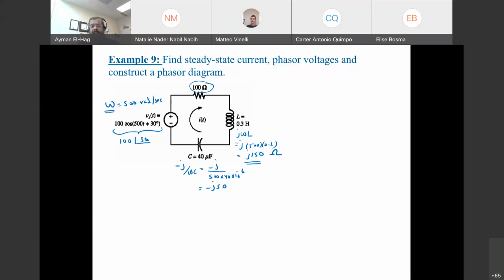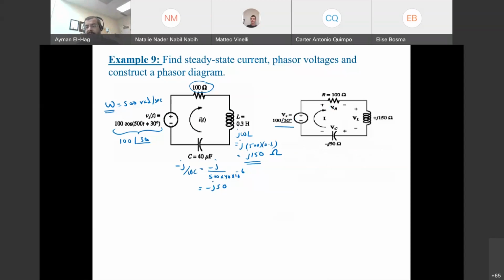So now my circuit is ready. I will have this circuit with all the quantities. I will have the supply, 100 angle of 30. I have the R, 100 ohm. And we have the J150 and the minus J50 for the VC.